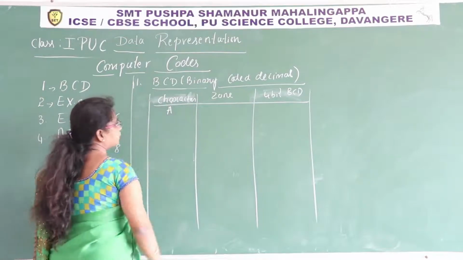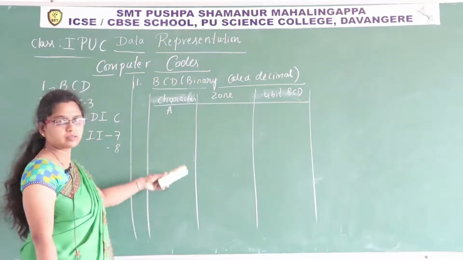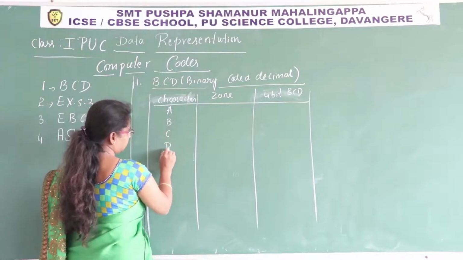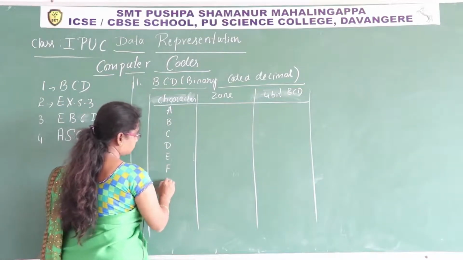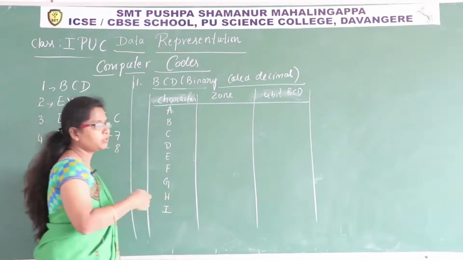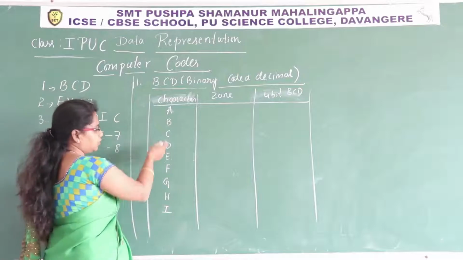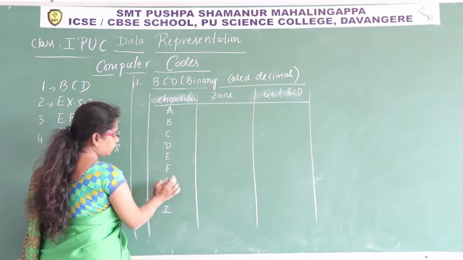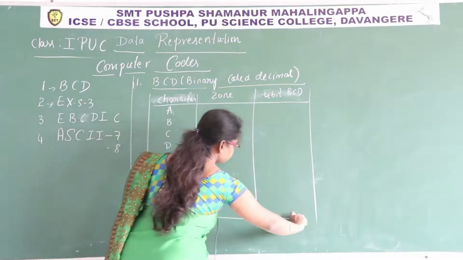Start from A. Let us first write the alphabets: A, B, C, D, E, F, G, H, I. In order to remember easily, they have grouped these as 9 characters: 1, 2, 3, 4, 5, 6, 7, 8, 9, up to I.